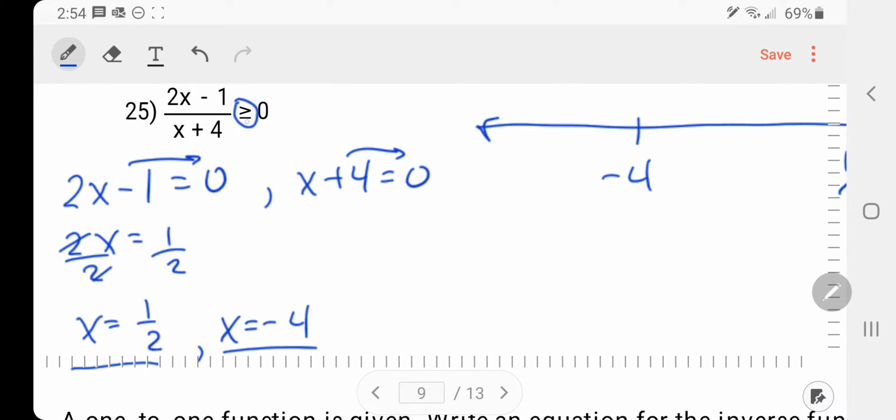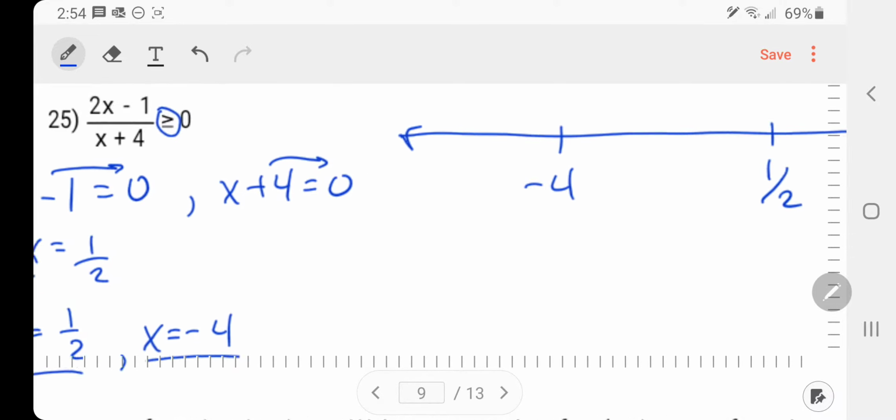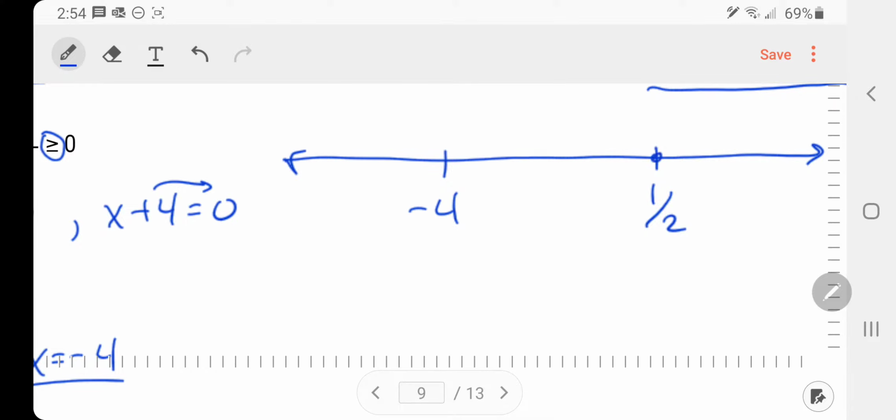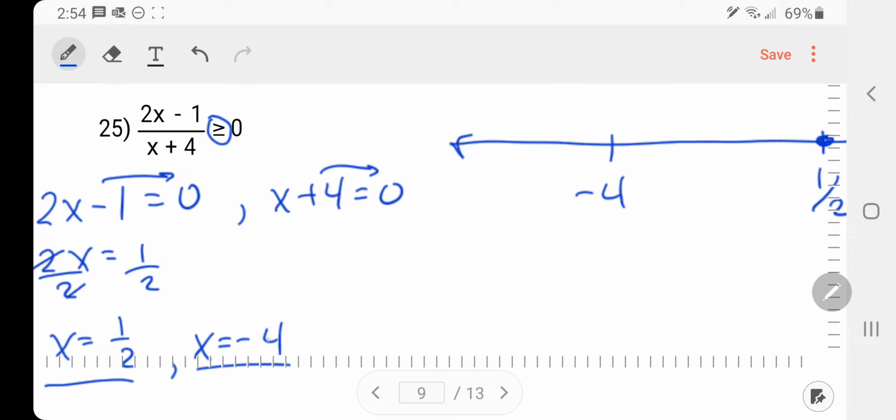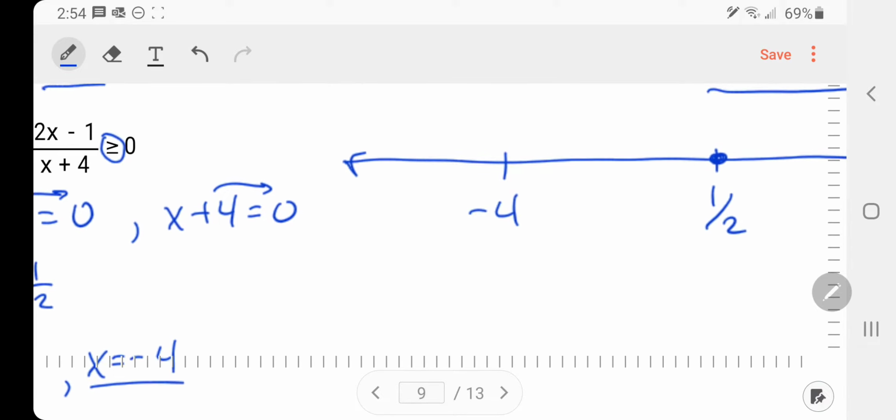So our inequality has the equal to part, so the 1/2 is going to be a solid dot. The critical point that came from the denominator can never be solid. Never. If it comes from the denominator, it has to be an open circle.